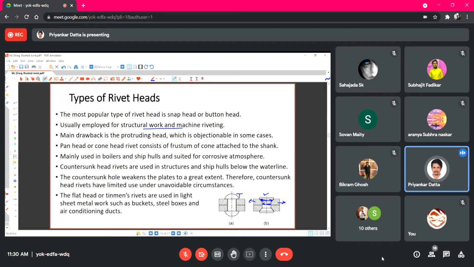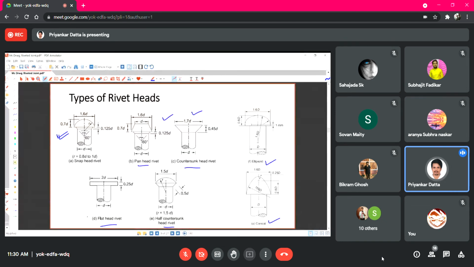But mostly, if the space constraint is not there, we go for the button head. And also the flat head rivet I mentioned, these are generally very weak, and are used for sheet metal work or very thin metal plate joining.